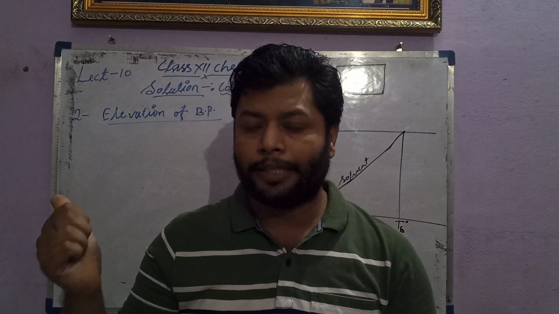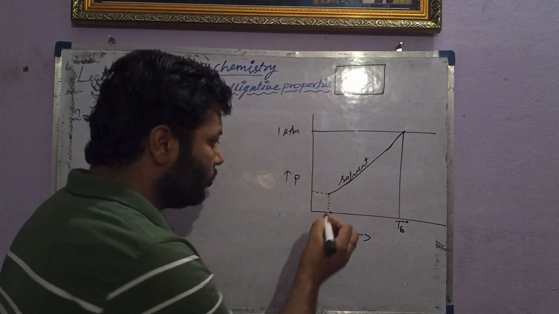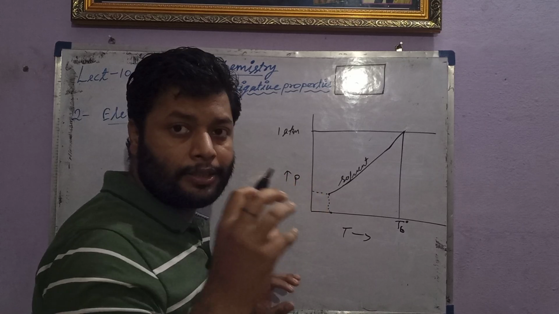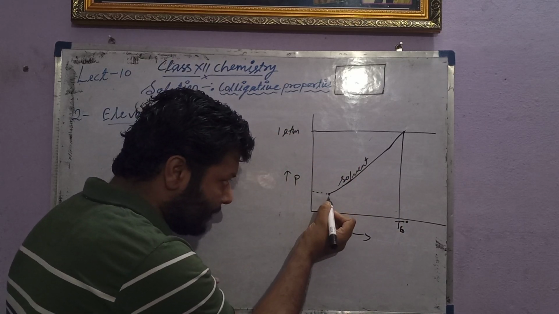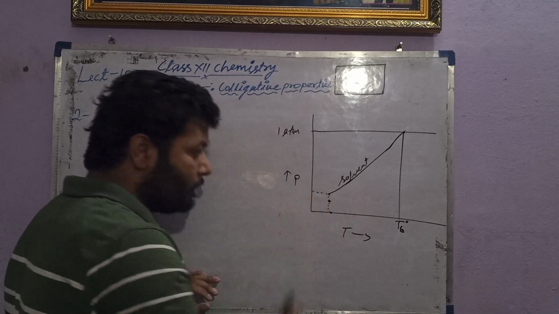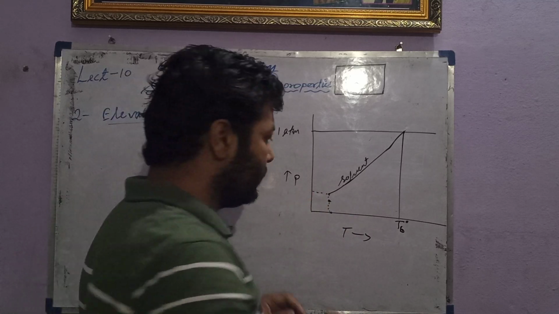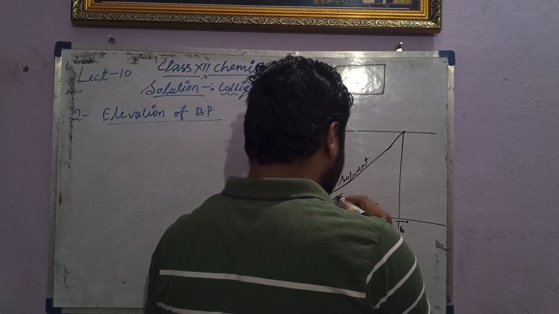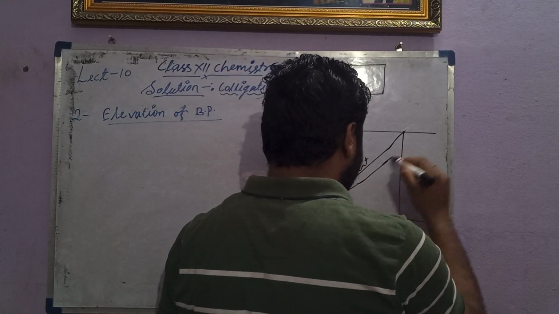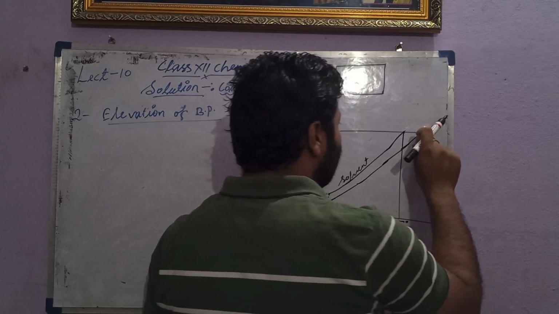That was the discussion in the last lecture. So suppose we added some non-volatile solute in the solvent, the vapor pressure decreases. And now when we increase the temperature, the curve we get is like this.